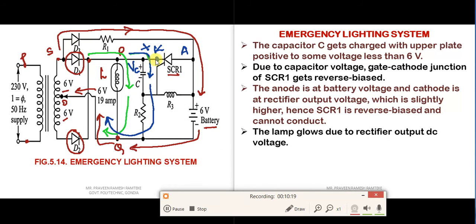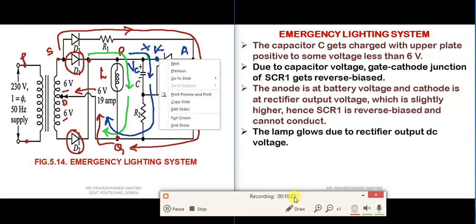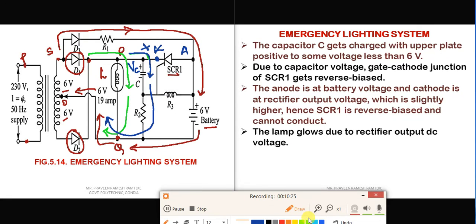Now the potential at point K is less as compared to this anode potential.